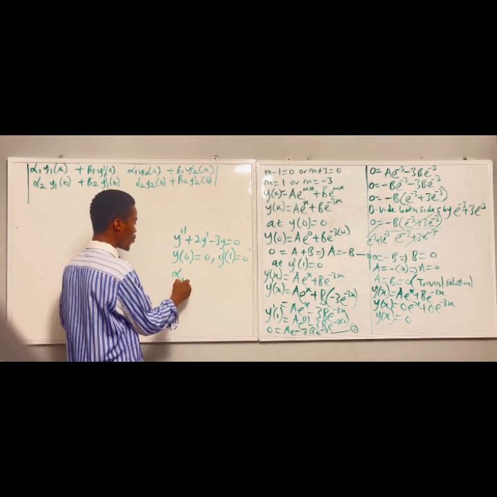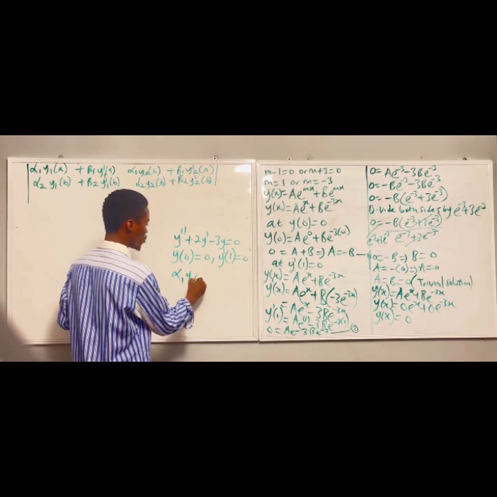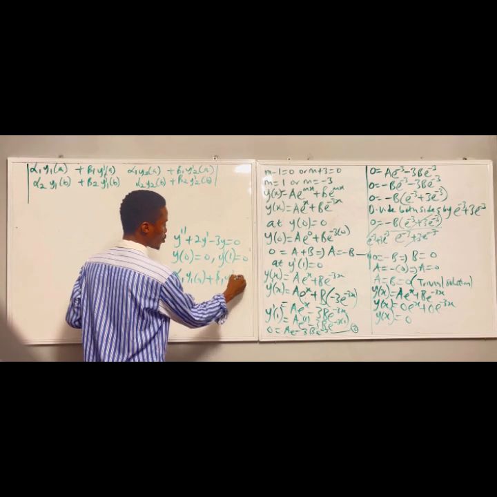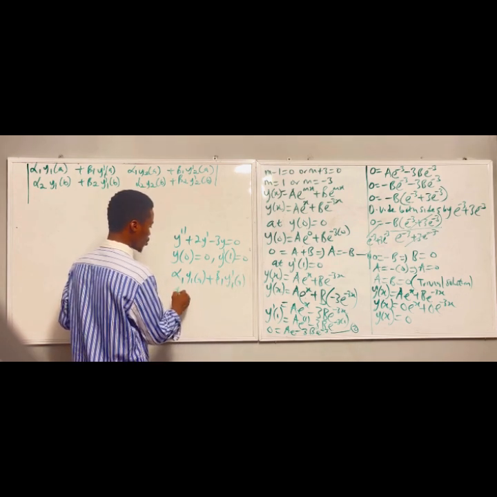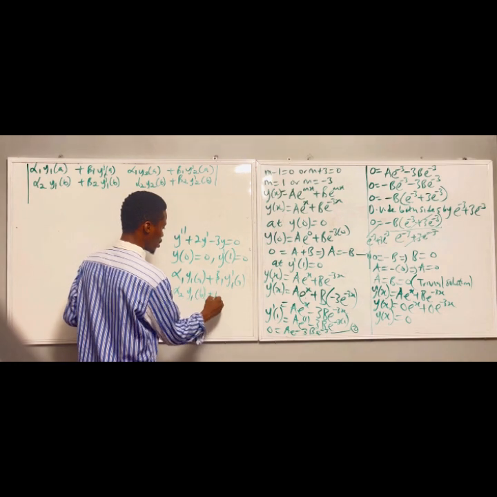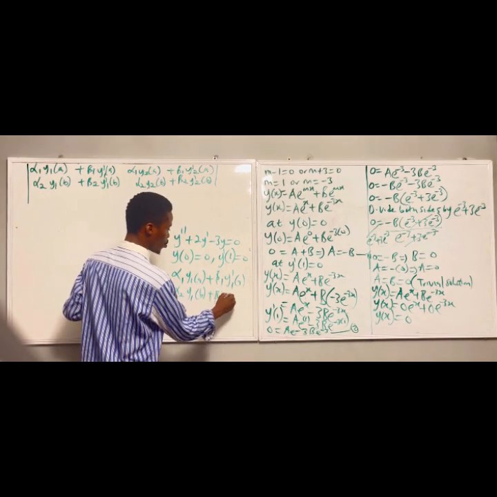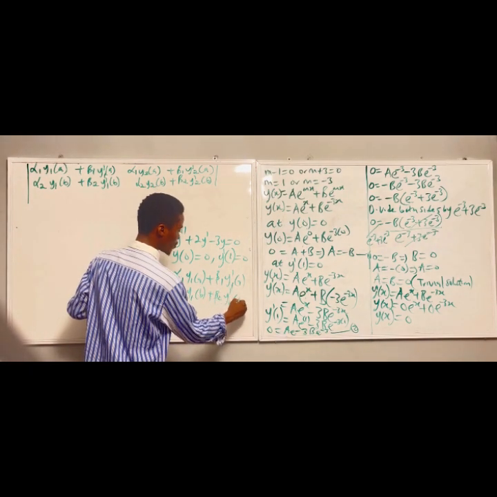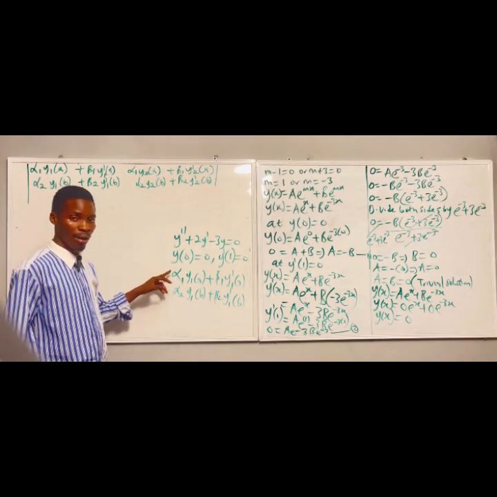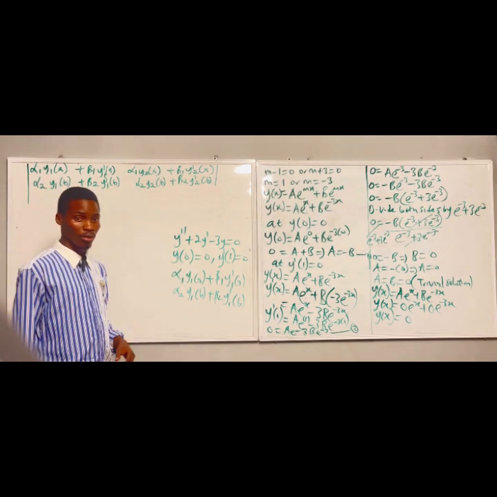So for us to get our real constants alpha and beta, remember that I said when you have alpha 1 y1 of a plus beta 1 y1 prime of a, and then alpha 2 y1 of b plus beta 2 y1 prime of b, we are going to get our alpha 1 from our boundary condition.